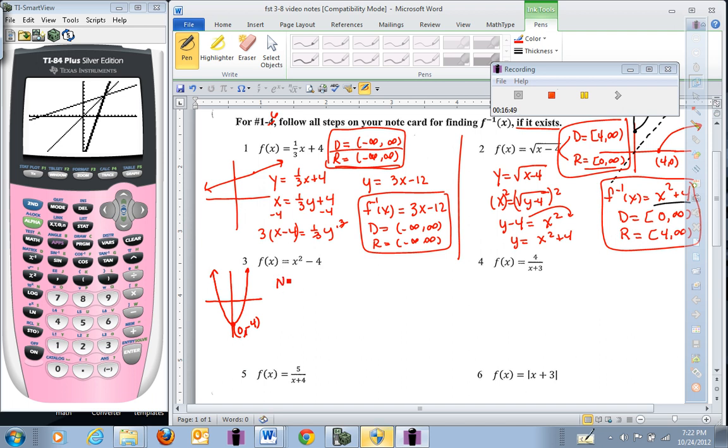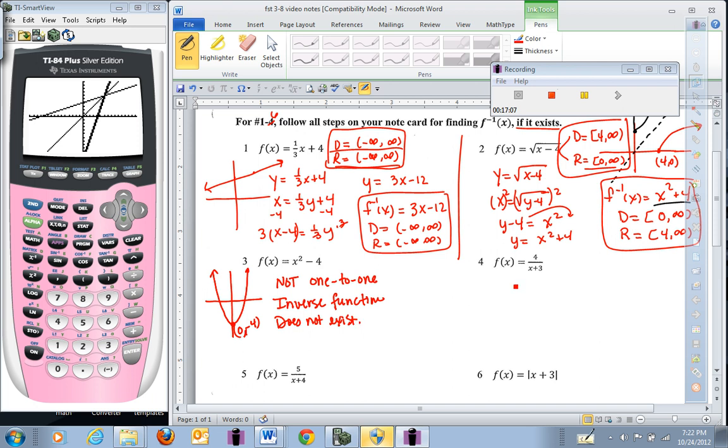So this one is not 1 to 1, and then we're going to say that the inverse function does not exist. Okay, not that this doesn't have an inverse, because it does, but the inverse is not a function.